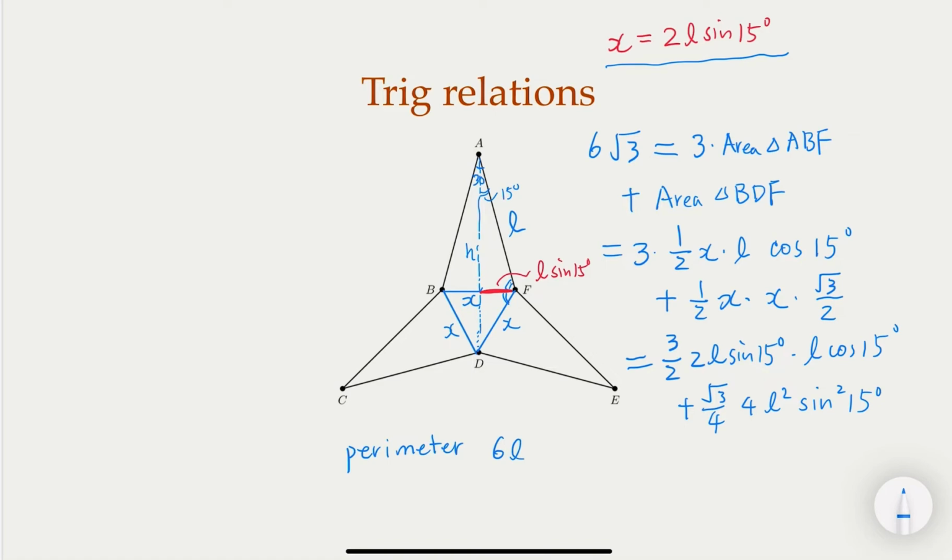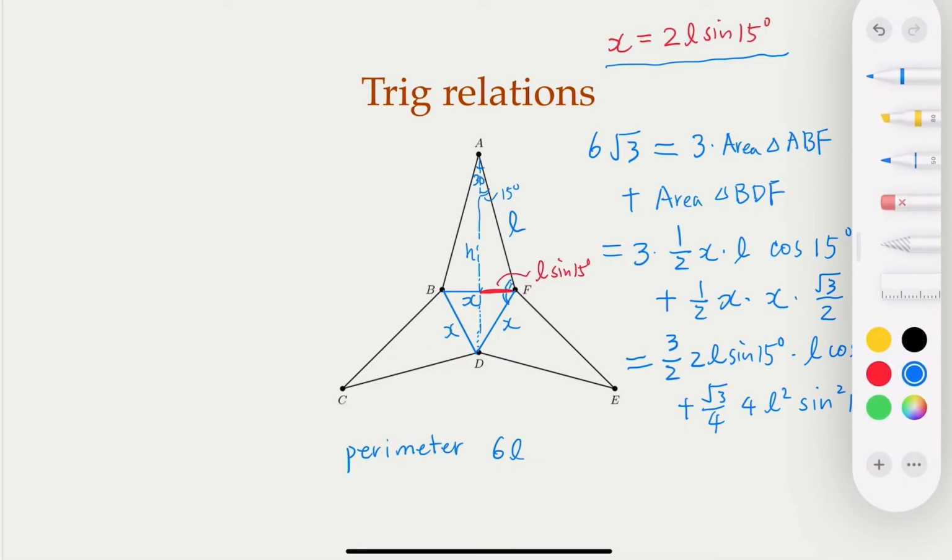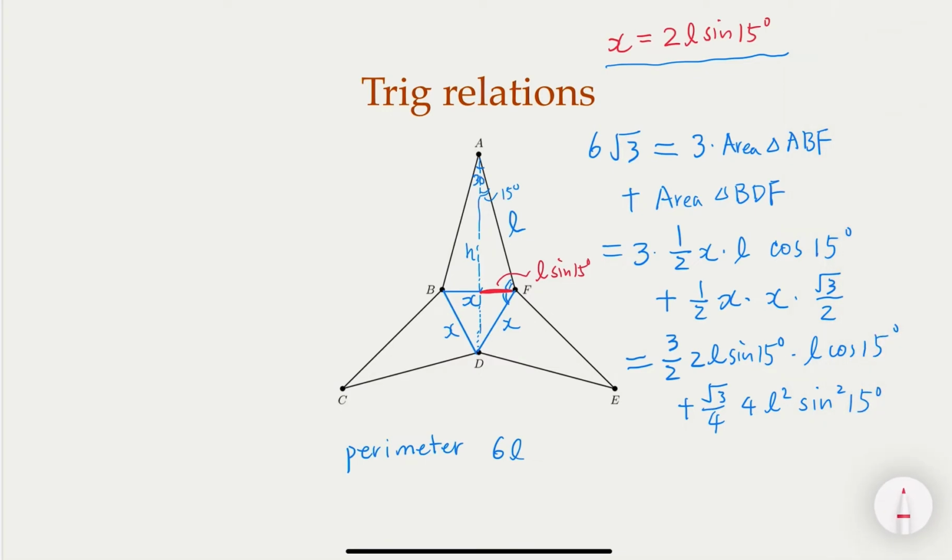What we noticed here is that this is related to 30 degrees: 2 sine 15 degrees cosine 15 degrees. We know that sine 2 alpha equals 2 sine alpha cosine alpha. So this term is actually sine 30 degrees.